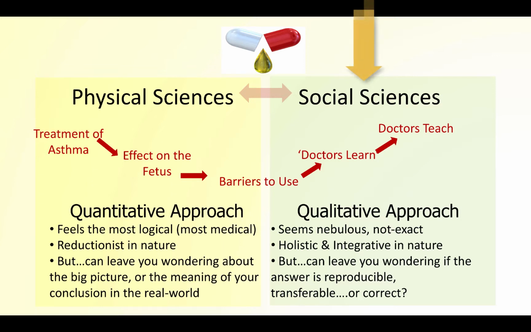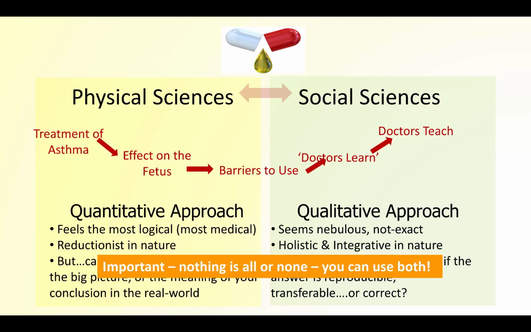And we acknowledge at times this seems a little bit nebulous, sometimes not an exacting answer. But it's much more holistic and integrative in nature. At times it may leave you wondering if the answer is reproducible, transferable, or correct, but it also is much more applicable at times to the real world. It's also important to note that nothing is all or none, and you can at times use both of these when you pursue a medical education research project.